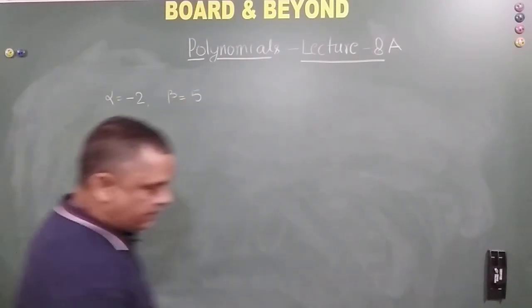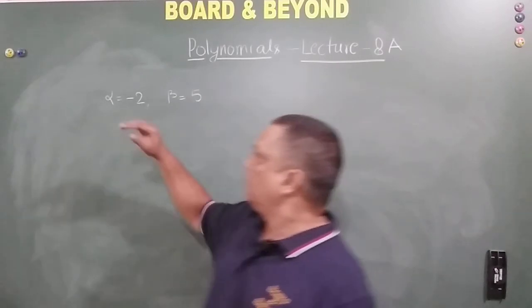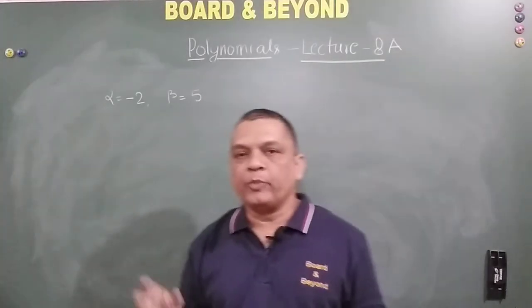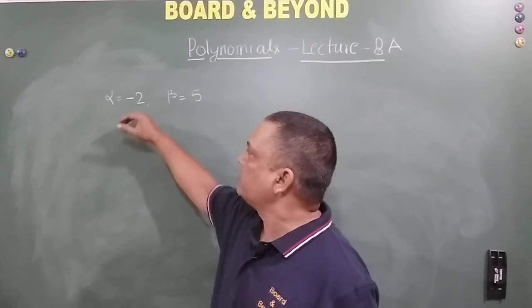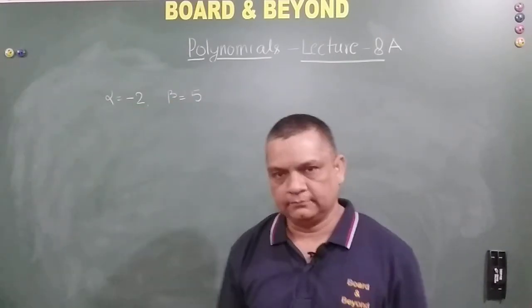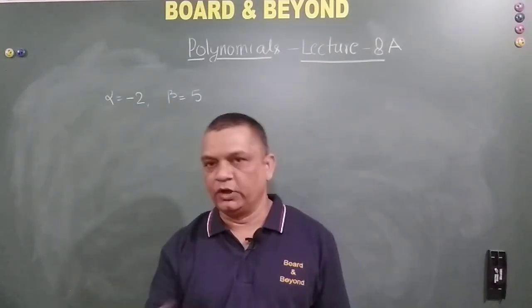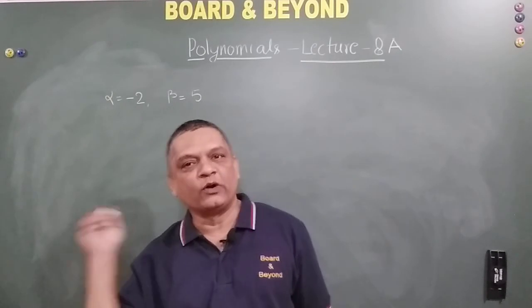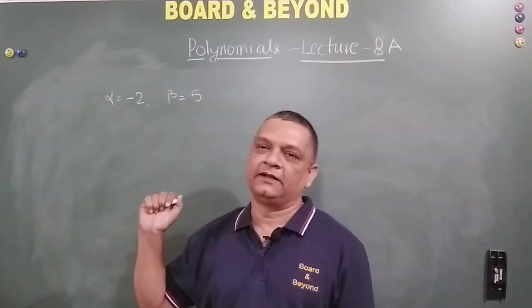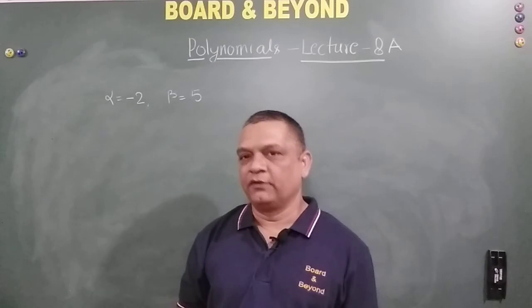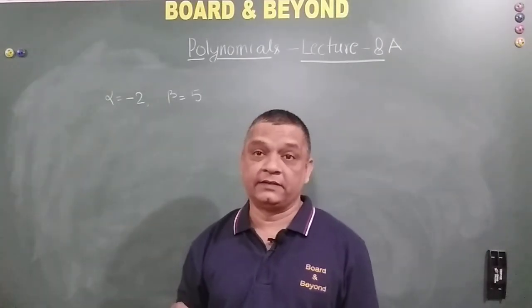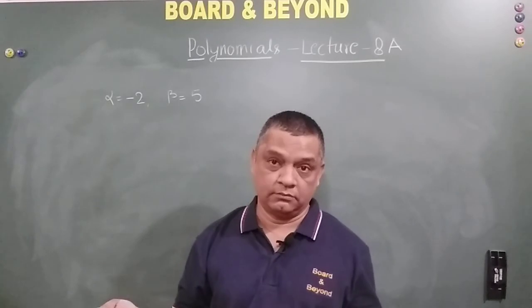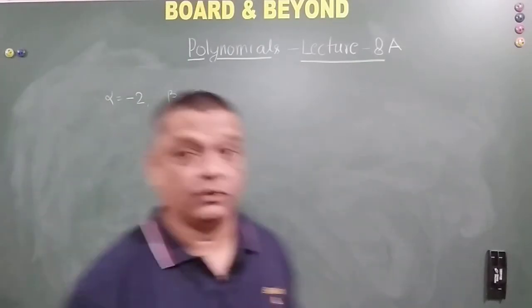So the question here, my friends, is: how many quadratic polynomials are possible with their roots as minus 2 and 5? You need to think. How many quadratic polynomials are possible here? Few of them write only one. But the answer is it's 3 or more. I'll just tell you how.